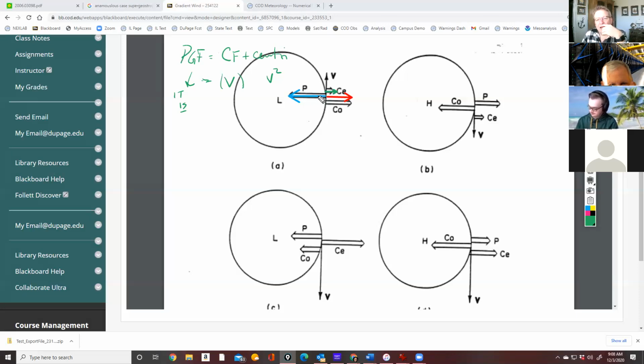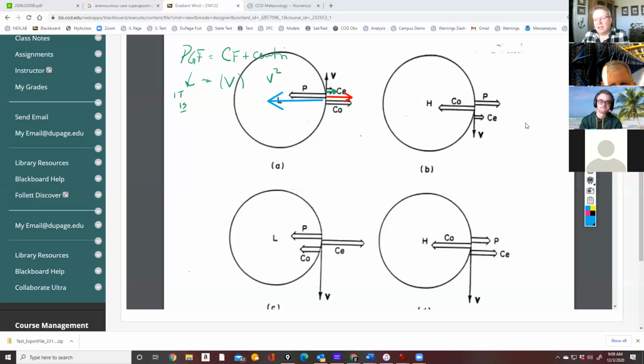Okay, so I've got a balance between these two forces. So what happens if I make the pressure gradient force larger? If this force becomes larger or smaller, what will happen as the strength of the pressure gradient increases or decreases?